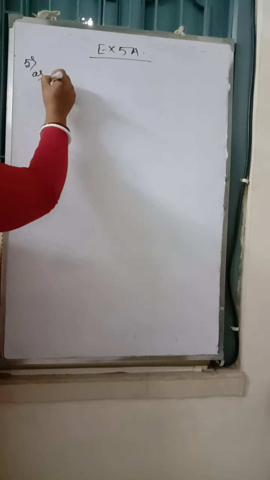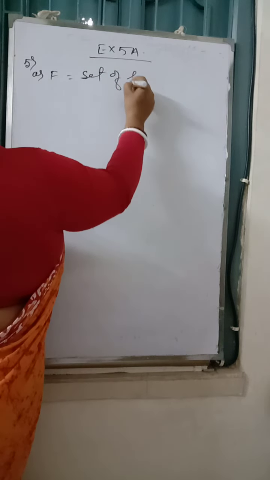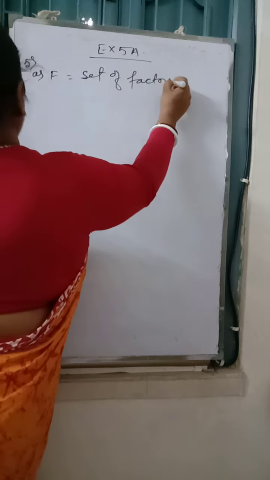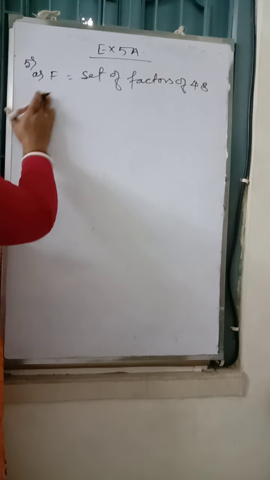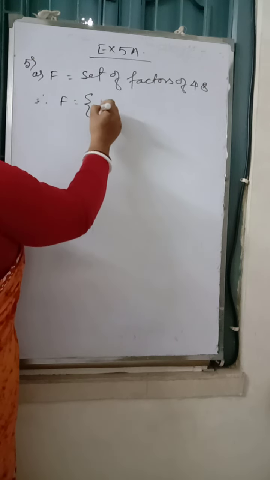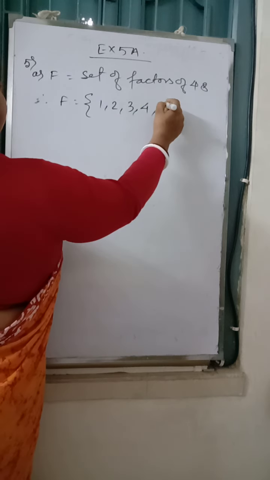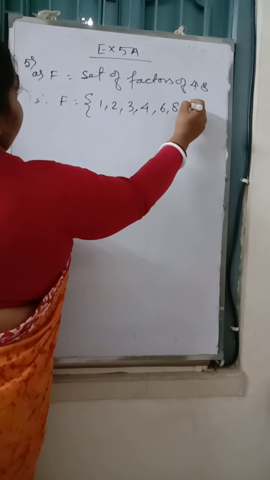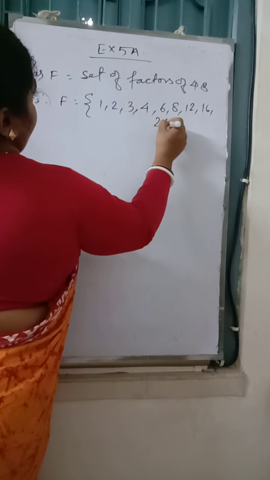A. It is given F is the set of factors of 48. So we'll be writing, therefore F is equal to, what are the factors of 48? 1, 2, 3, 4, 6, 8, 12, 16, 24 and 48. So it is finite.